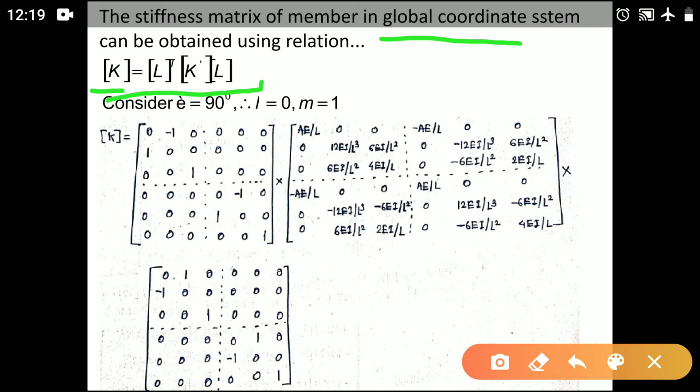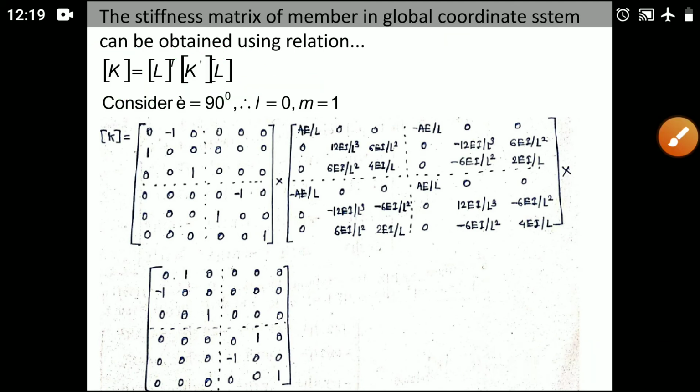This is the standard formula to obtain the stiffness matrix in the global coordinate direction, and the derivation for this relation is given in FEM theory. So here you just remember K equal to L transpose into K dash into L. The relation is K equal to a product of three matrices: first is L transpose, then K dash, then L.